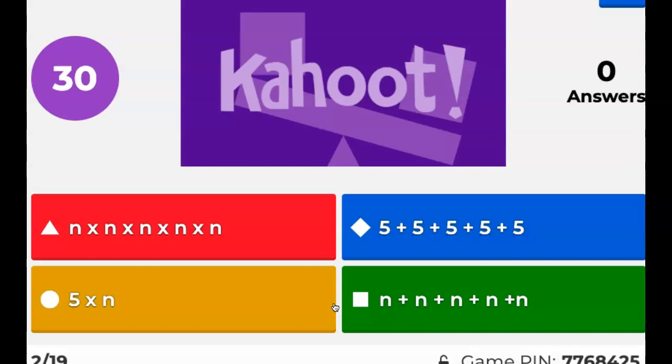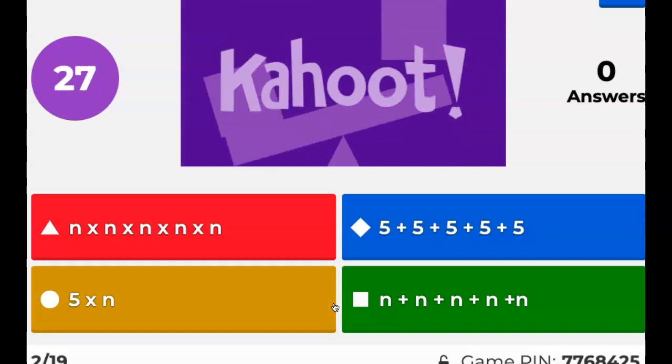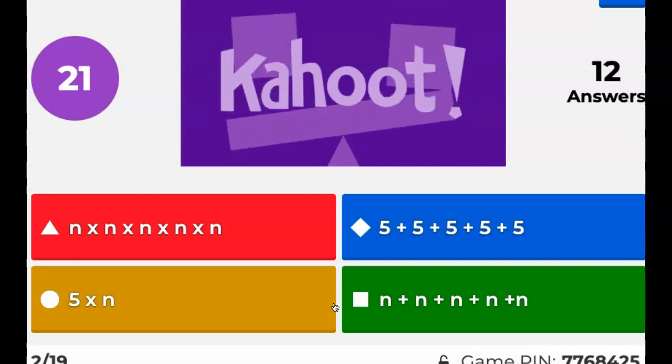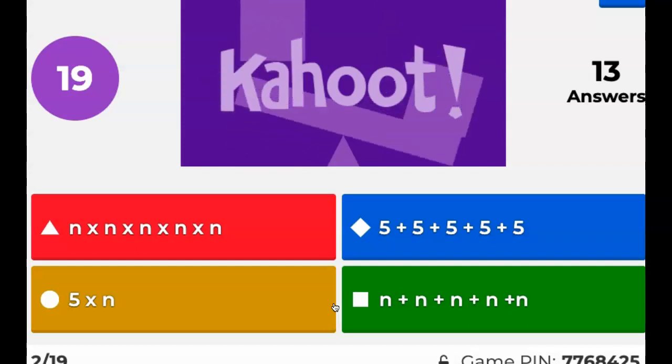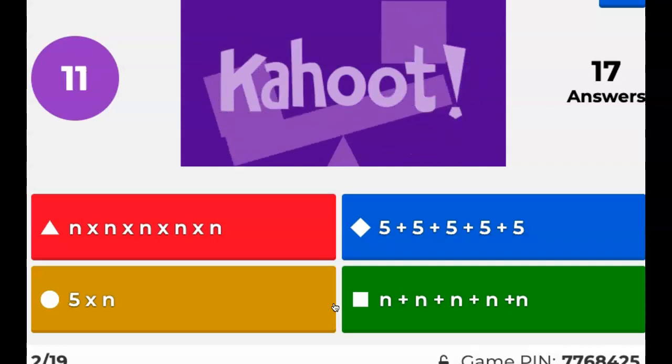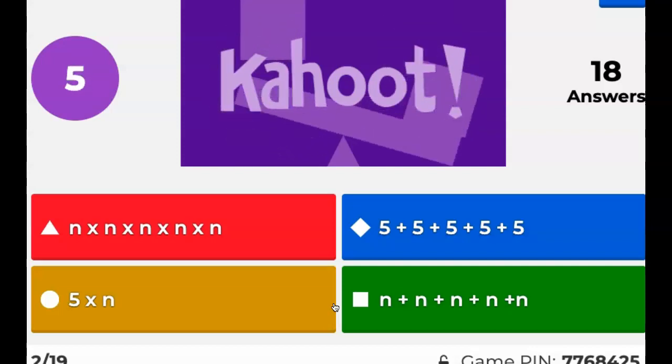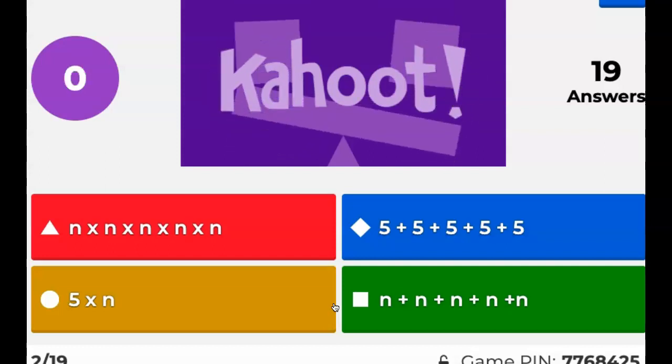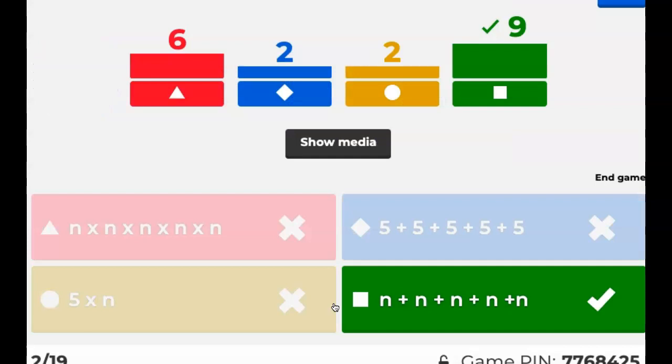Which correctly and completely expands n to the power of 6? Alright, I know right away that you're going to get that answer, right? n times n times n.